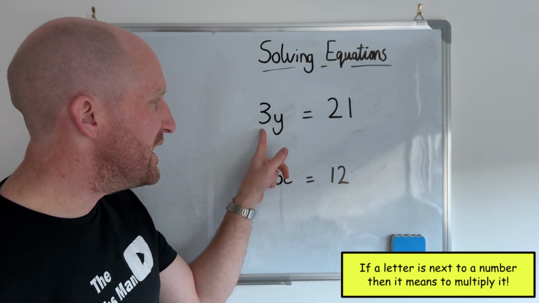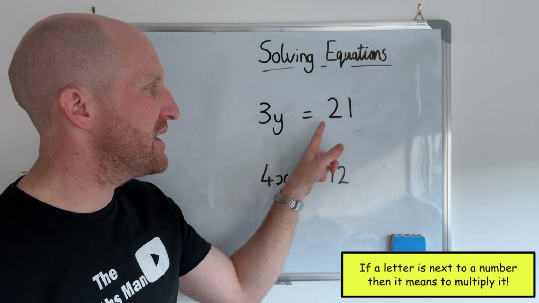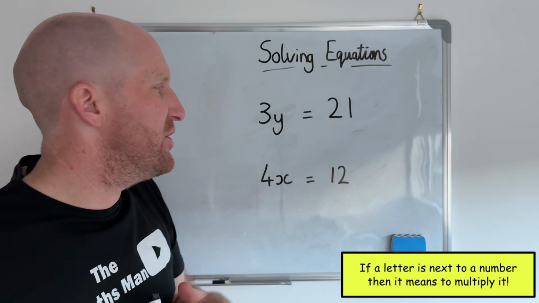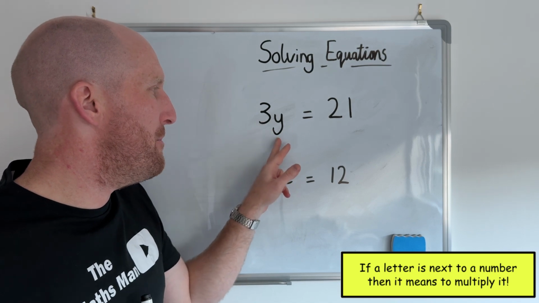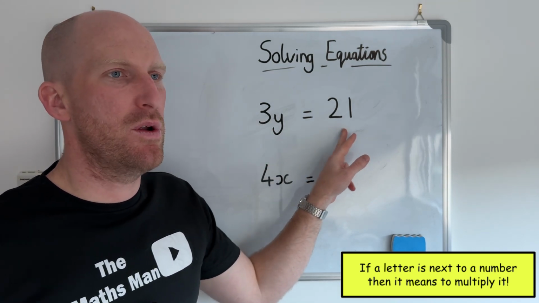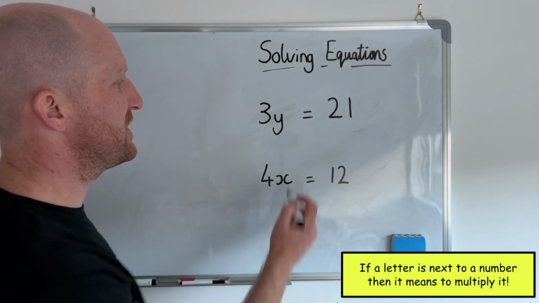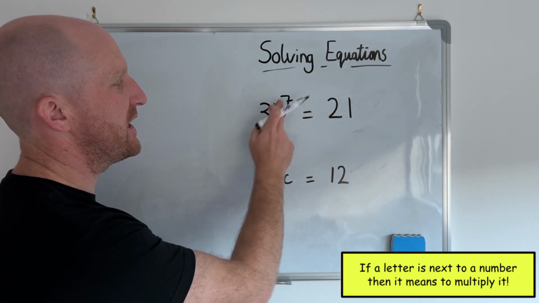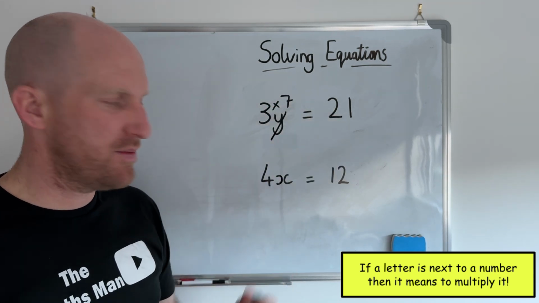So here 3 times y makes 21. So the y, let's just call it a mystery number. So 3 multiplied by a mystery number makes 21. Now because I know my times tables, I know that y must be 7 because 3 times 7 makes 21.